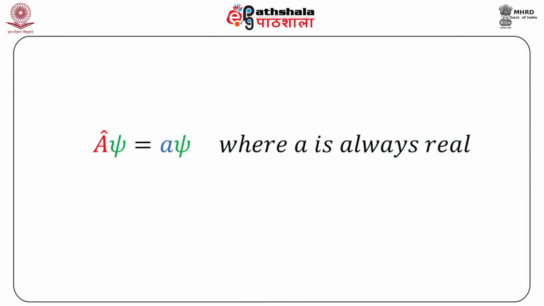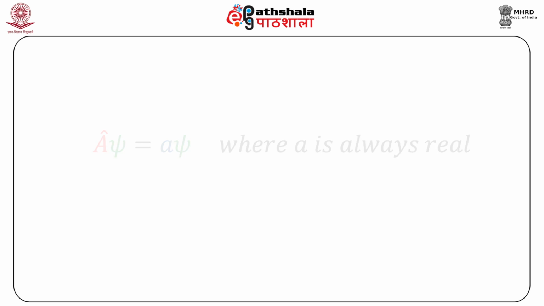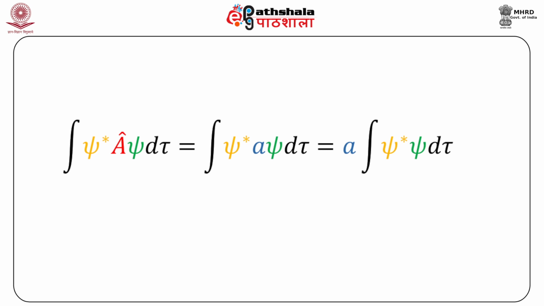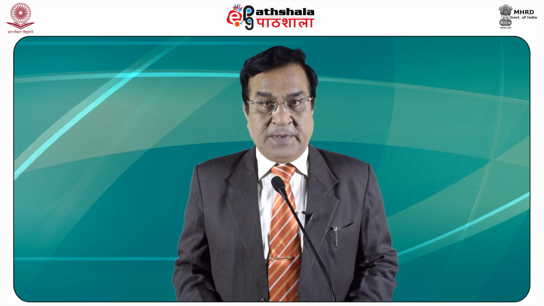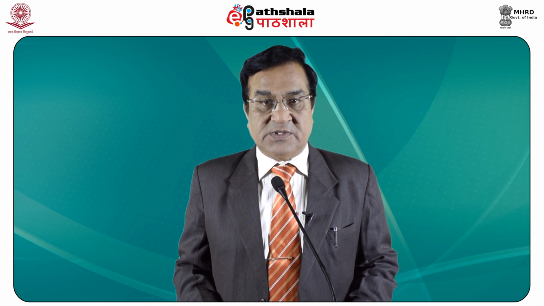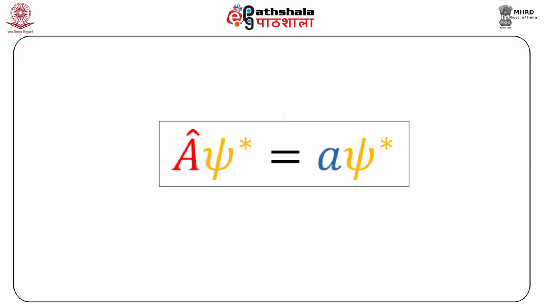For example, if there is an equation A cap psi = a psi, then small a is the value corresponding to the operator A cap, which is real. Now if we multiply the equation by psi star and integrate, we get this equation. If, on the other hand, we take the complex conjugate of the equation A cap psi = a psi, we get this equation.